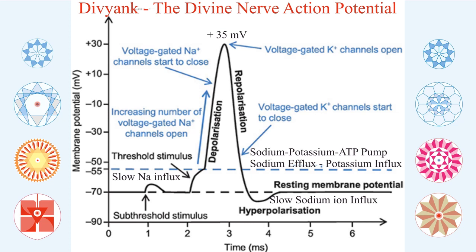But in this particular old picture, voltage gated channels are marked to start closing at a particular junction. But a question came to my mind: just by removing potassium from inside to outside, and not talking of sodium at all, can you get a hyperpolarized state? It's just not possible, with the limited amount of potassium available. And I told you, for every 3 sodium which has gone in, only 2 potassium can come out.